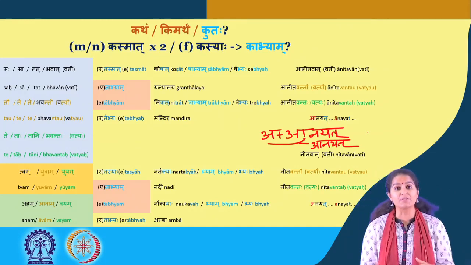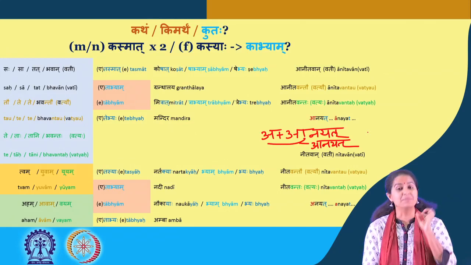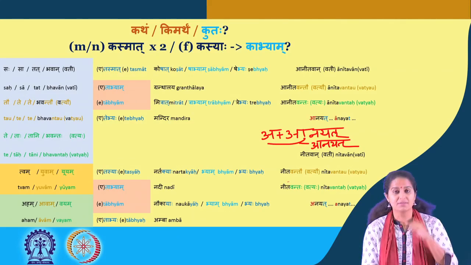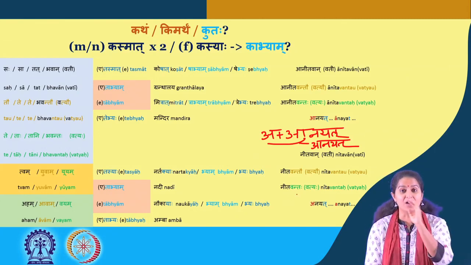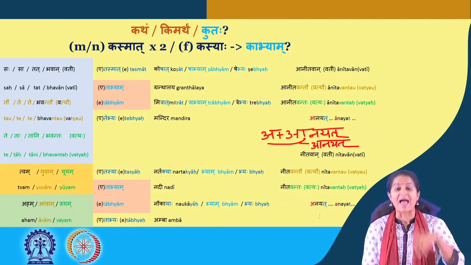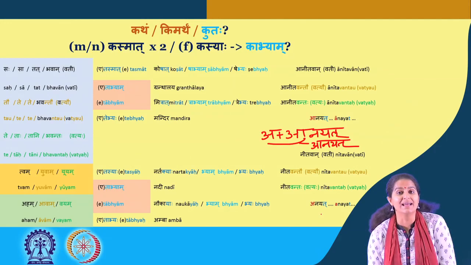Now let's look at what happens to take. The verb is nitavan, becomes nitavati in the feminine. In the dual it is nitavantau or nitavatyau. In the plural it is nitavantaha or nitavatyah. And in the past tense, in the anadyatana bhuta, it becomes anayat.